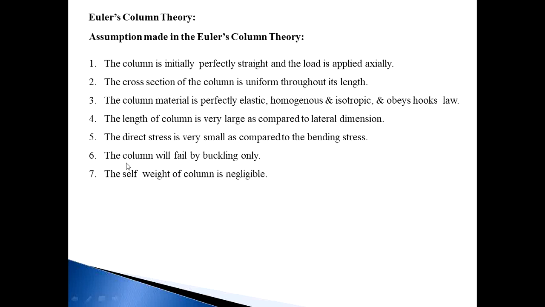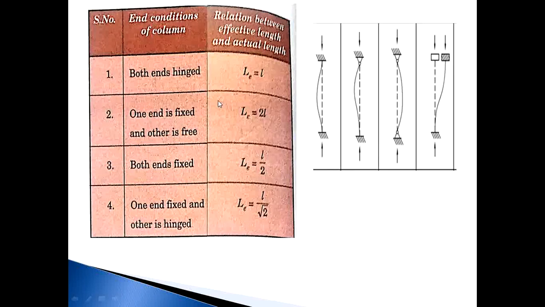The failure pattern is only buckling. In this theory, we consider only the buckling pattern, not crushing. And last one, the self weight of the column is negligible. Whatever external load is applied, only that load is considered; the self weight of the column is negligible. These are the assumptions made in Euler's column theory.